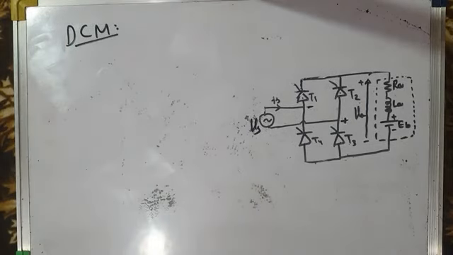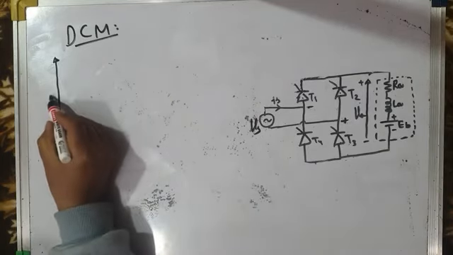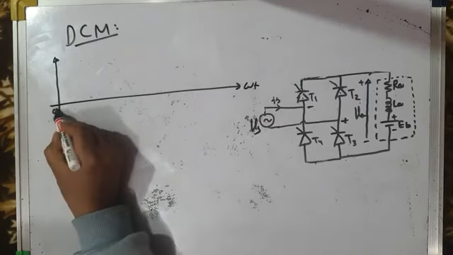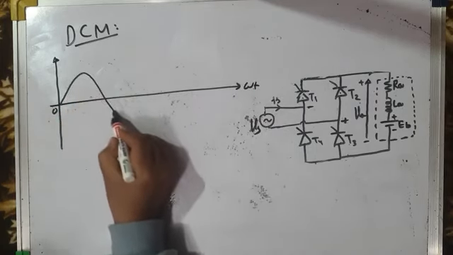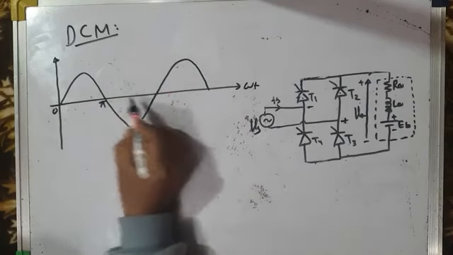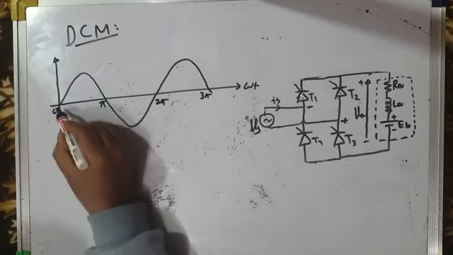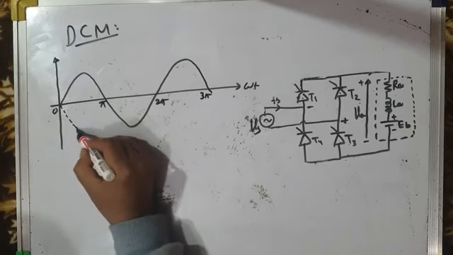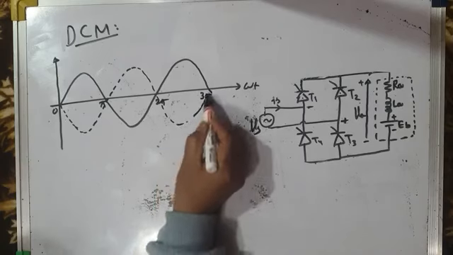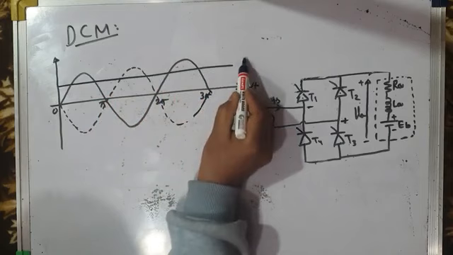Let's assume that now the conduction is not continuous, it is discontinuous. Let us draw the waveforms again. This is the source voltage Vs. These are zero crossing points, 0, pi, 2 pi, 3 pi, and so on. And this is minus Vs. And this is the back EMF, Eb.